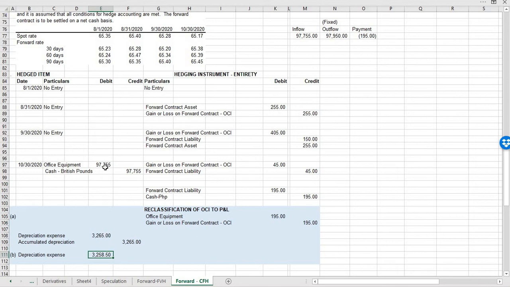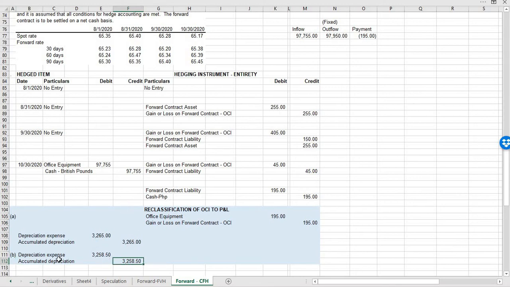Ito lang, 97,755, kasi ang ginamit natin is yung option B. Hindi natin in-adjust yung initial cost ng equipment. Kaya dito sa letter B, ang basis natin ng depreciation expense is ito, 97,755. Then credit tayo accumulated depreciation also at 3,258.50.